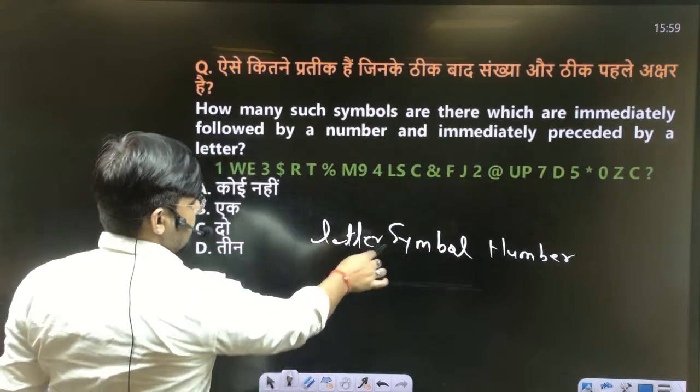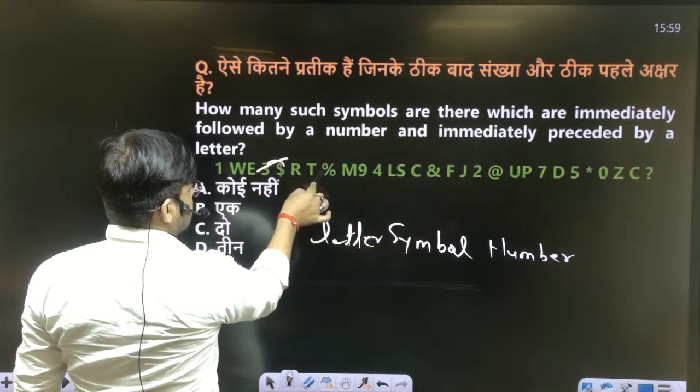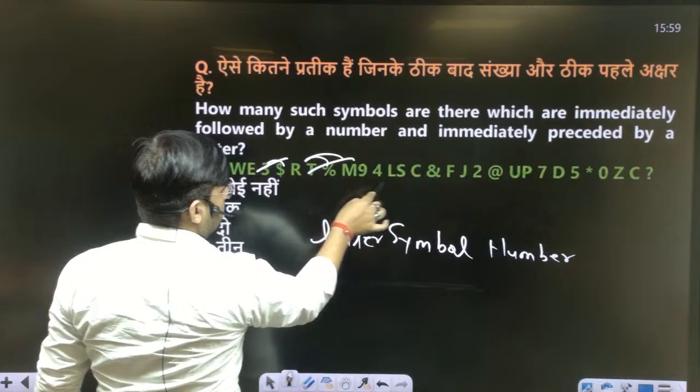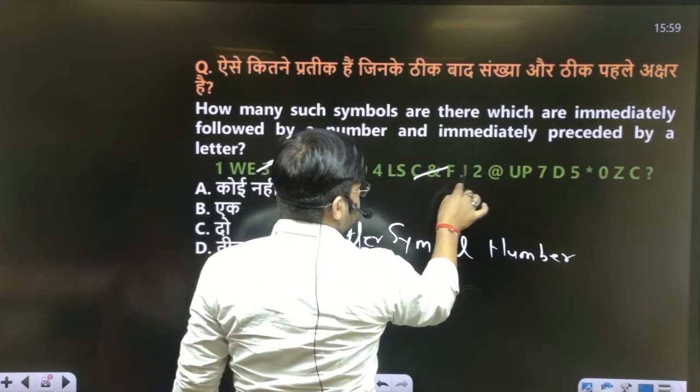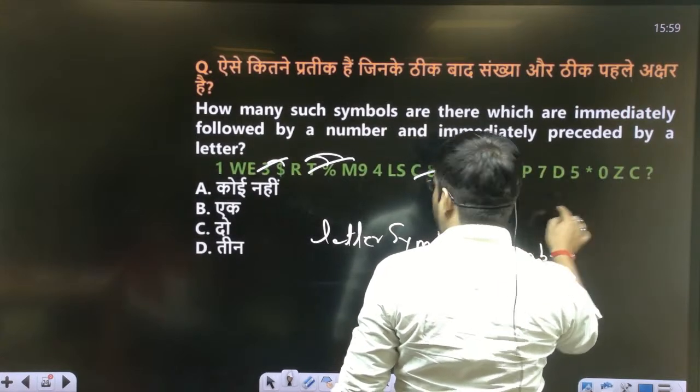So symbol, letter, number. Symbol, letter, no. Symbol, letter, number, no. Symbol, letter, no. Symbol, letter, no. Symbol, letter, number, no. None.